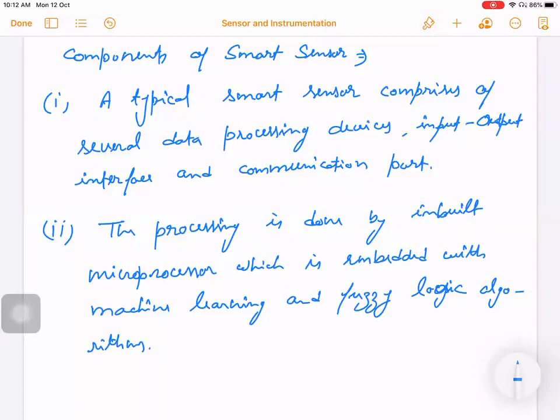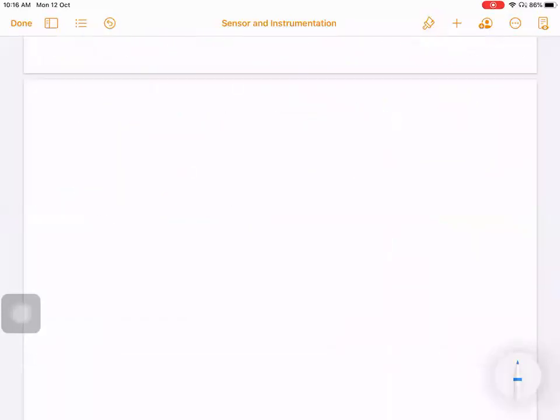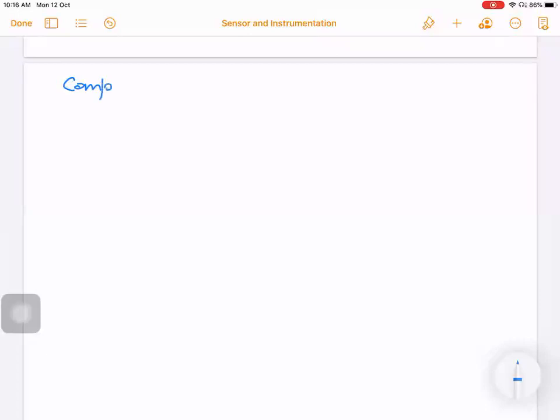Student, just give me 1 minute. Okay, so let's discuss another components part. You know the primary element over there. Primary elements are used in any smart sensor.